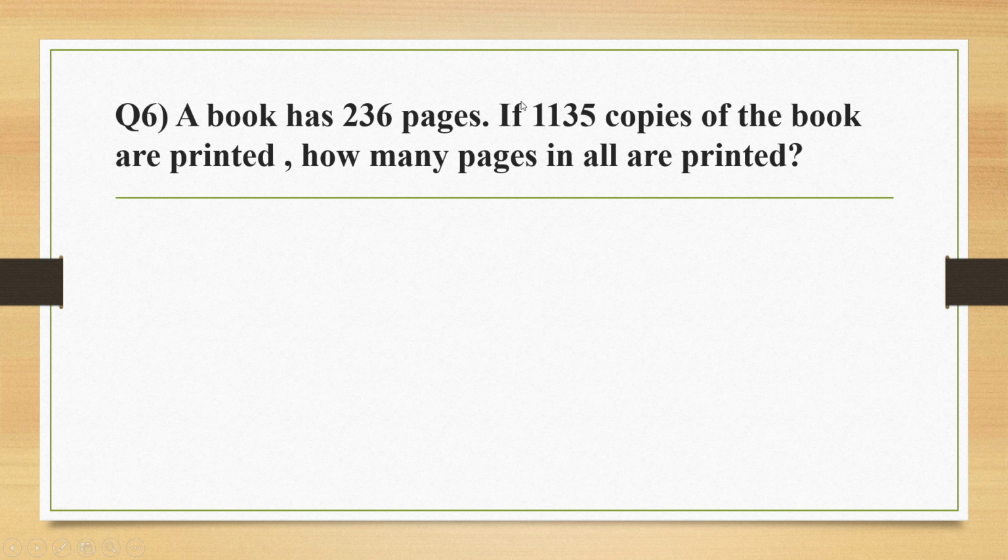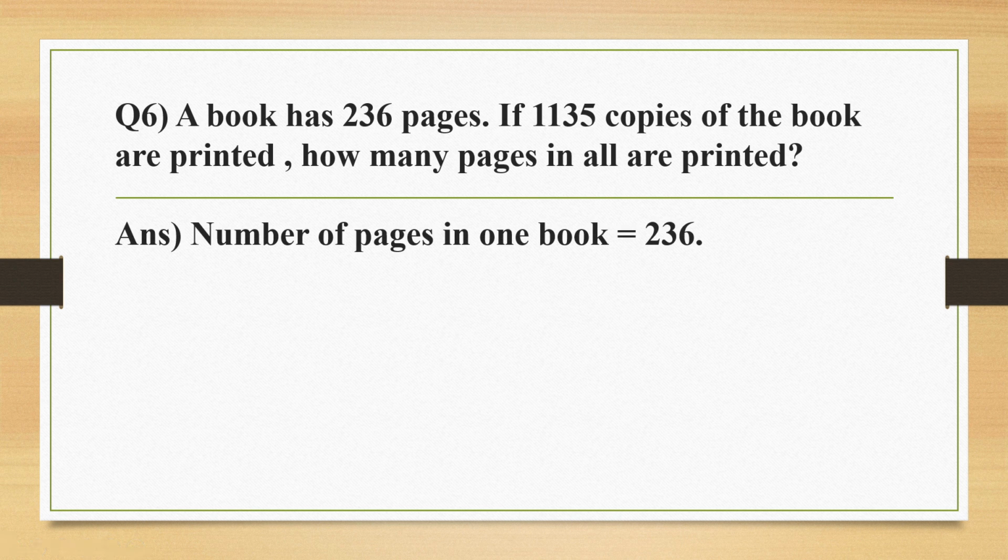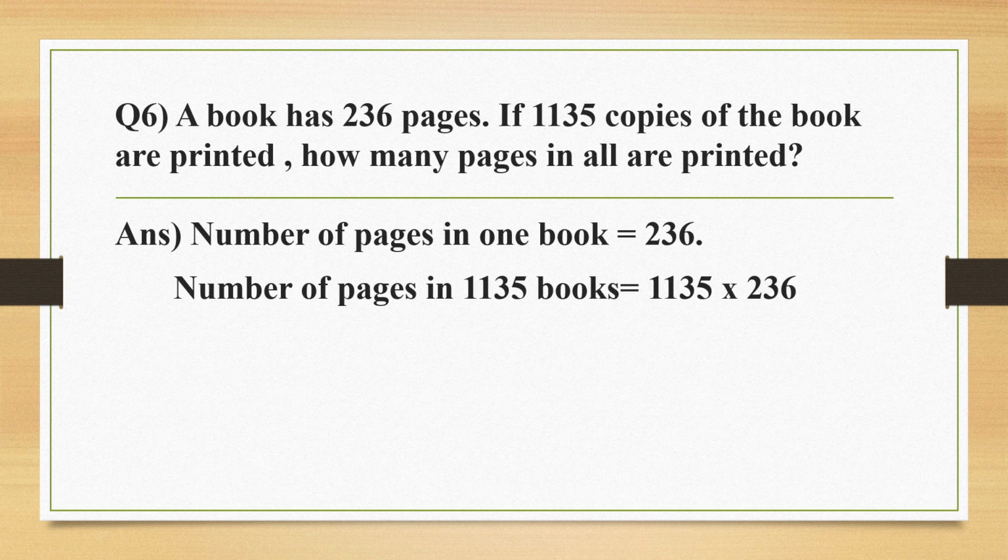Okay, so in a single copy how many pages are there? 236. So what you have to do, just simple, you just need to list out whatever is given in the question. So the number of pages in one book and the number of pages in 1,135 books will be, we just need to multiply with 236.